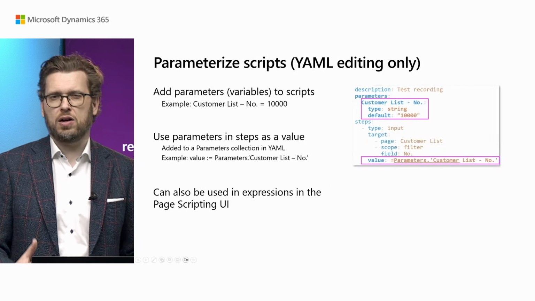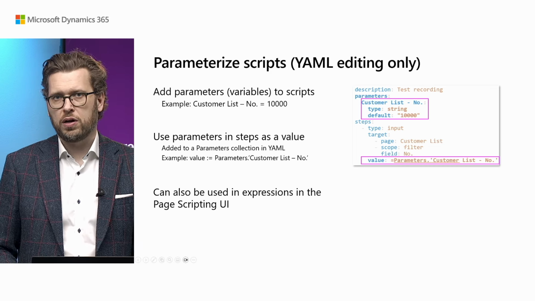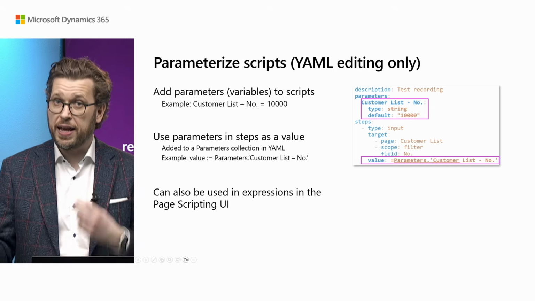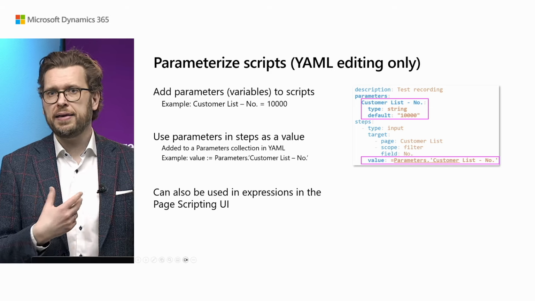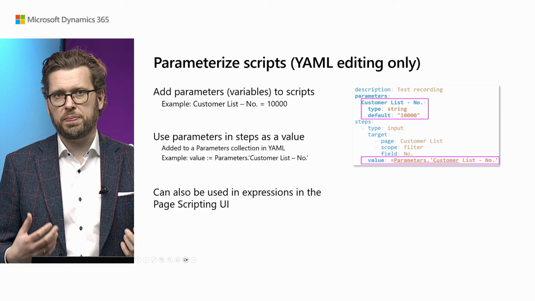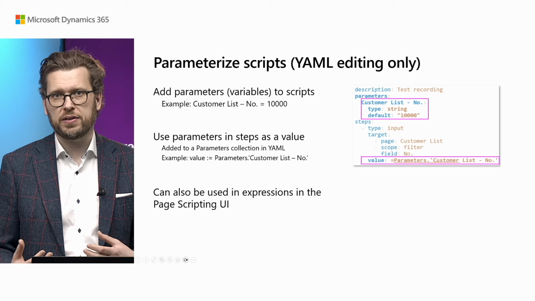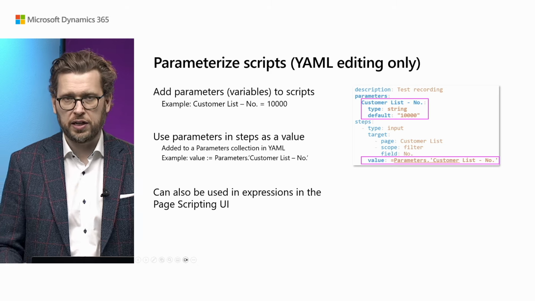Now, there are a couple of powerful scenarios that we currently only support in YAML. So you have to edit them in the YAML. They are supported when you then play them in the client, but there isn't a page scripting user experience in the client for doing these things, only in YAML.